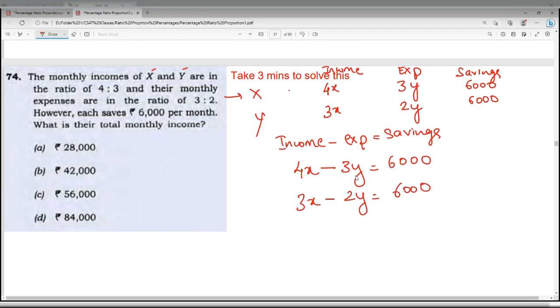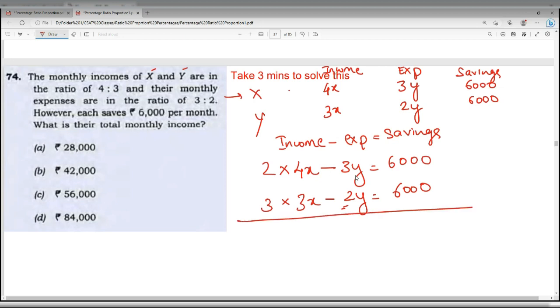Now we have to solve these linear equations. To equate the coefficient of y, I will multiply the first equation by 2 and the second by 3, so that both the coefficients of y become 6.